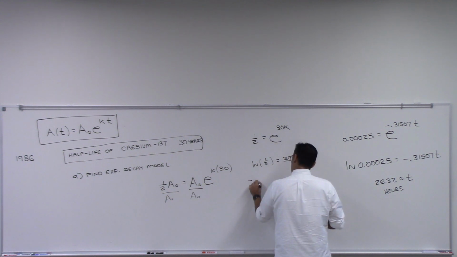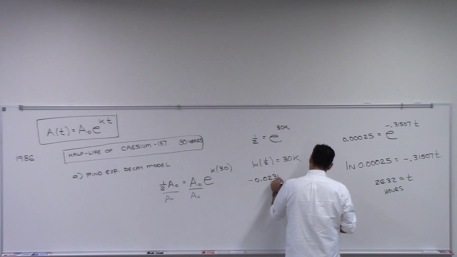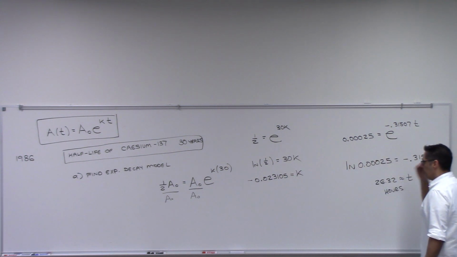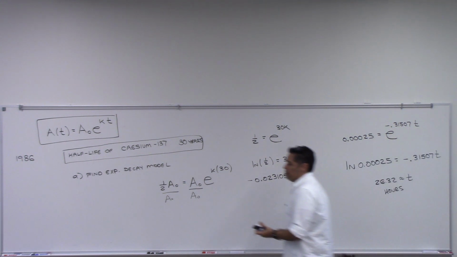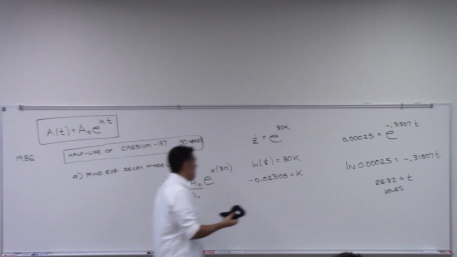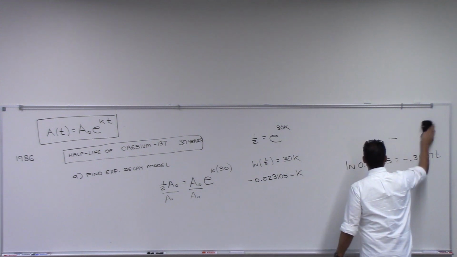Negative 0.023105, I'm going pretty far here, is k. So now that I've got that, I can come up with the actual function.